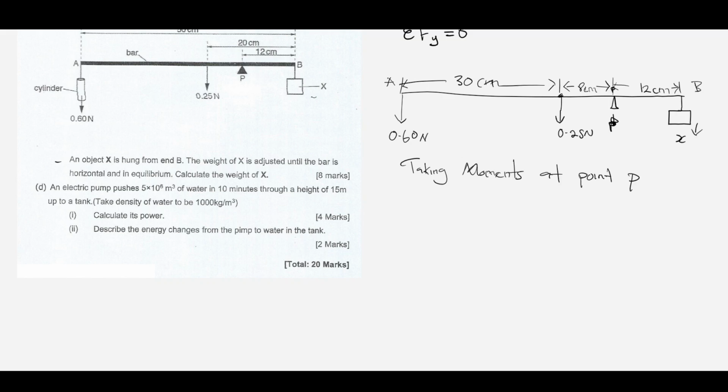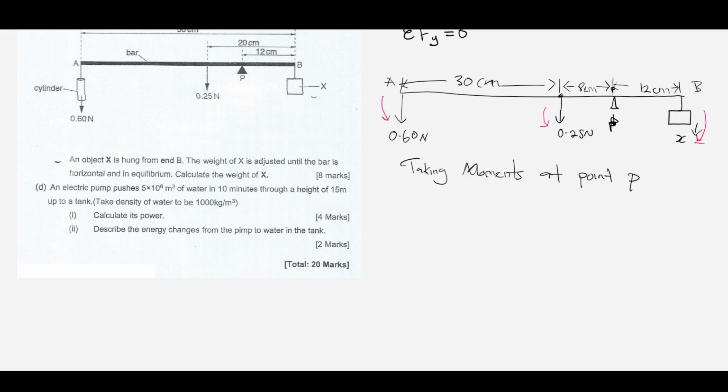If we take moments at point P, this force is trying to turn this body in this direction, and also this force is trying to turn this body in that direction, the anti-clockwise direction, and this one here is trying to turn in the clockwise direction.